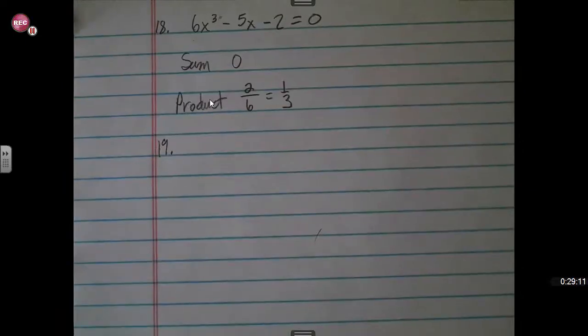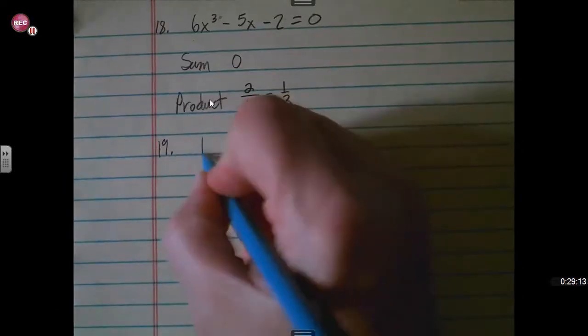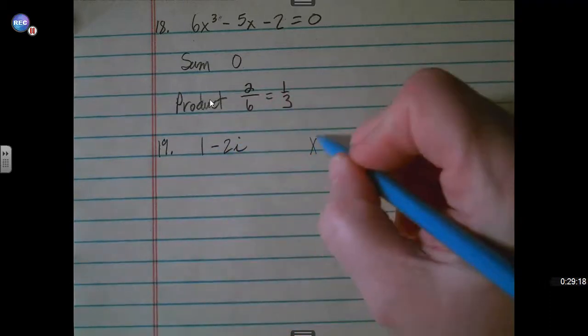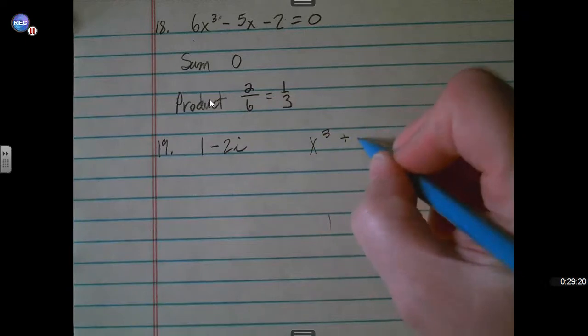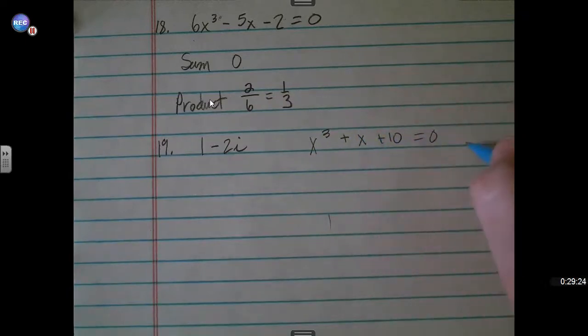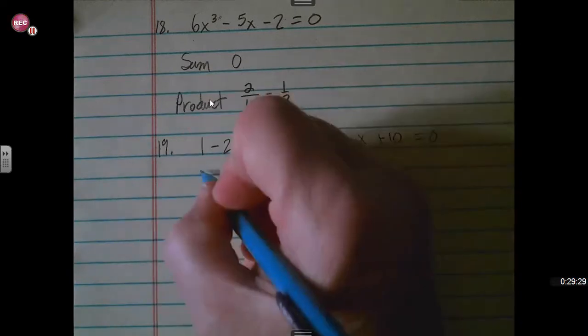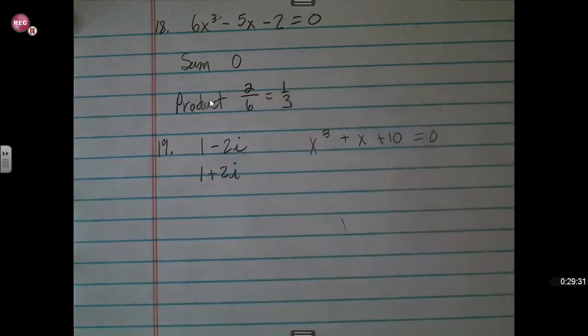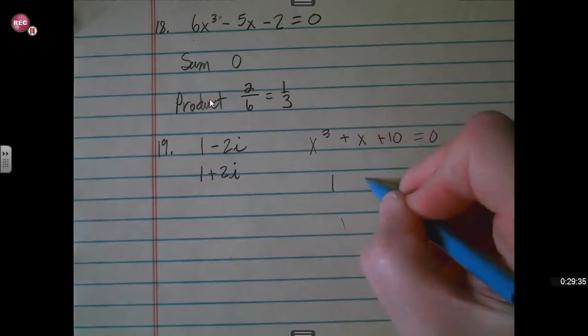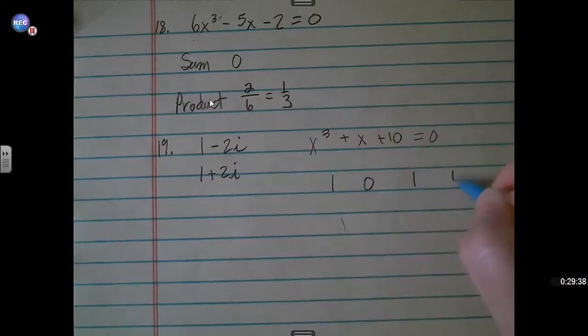19. Let's see. 1 minus 2i is a root of x cubed plus x plus 10 equals 0. Find the other two roots. Well, the other root would be 1 plus 2i. And then 1, 0, 1, 10.